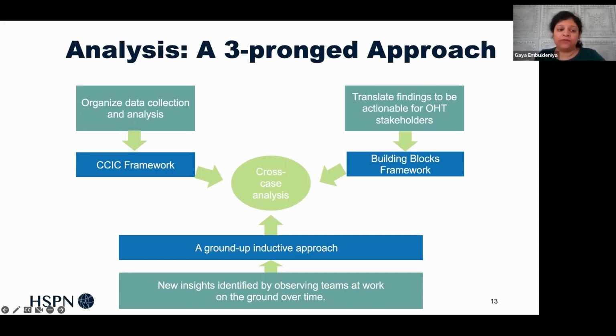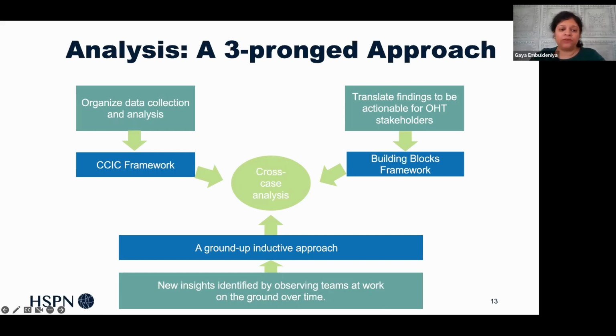So the CCIC framework, that's the context and capabilities for integrated care, was one of those frameworks that provided a very loose guide for data collection in the early days. And then because the ministry had drawn up a list of building blocks to guide OHT development to its maturity, we looked at those constructs too, to see if they could make what we were finding actionable for OHTs.